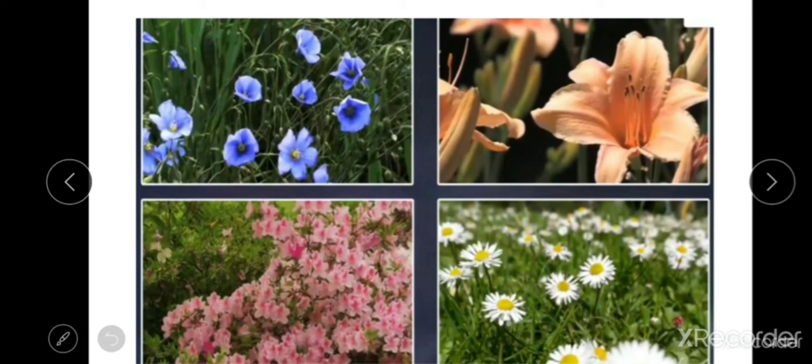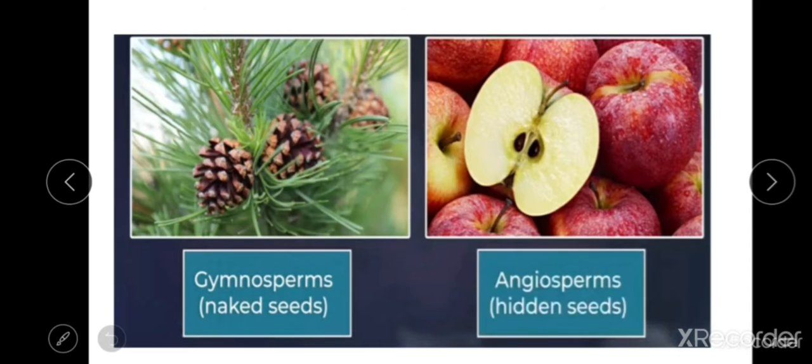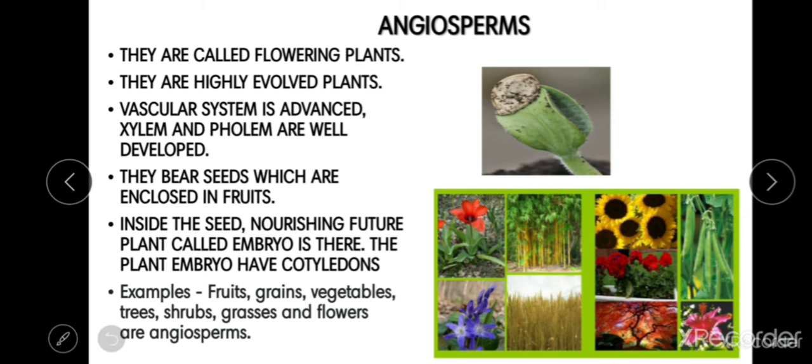Now, moving to the next division under Phanerogams. Look at these beautiful flowers. This makes our nature very beautiful and amazing. All the plants that bear flowers and produce seeds inside the ovary come under the category of angiosperms. Angiosperm, let us break the term.